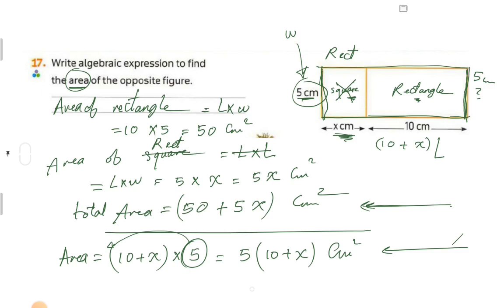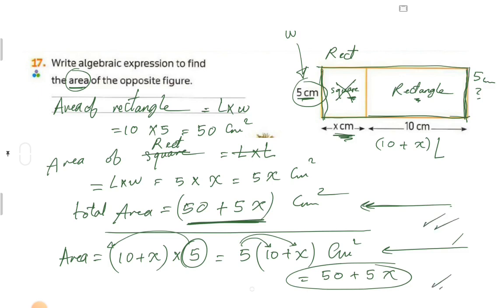No, it's the same, because if I multiply 5 times the branches, it's 5 times 10 plus 5 times x. 5 times 10 equals 50, and 5 times x equals 5x. It's the same, so the same way is correct.